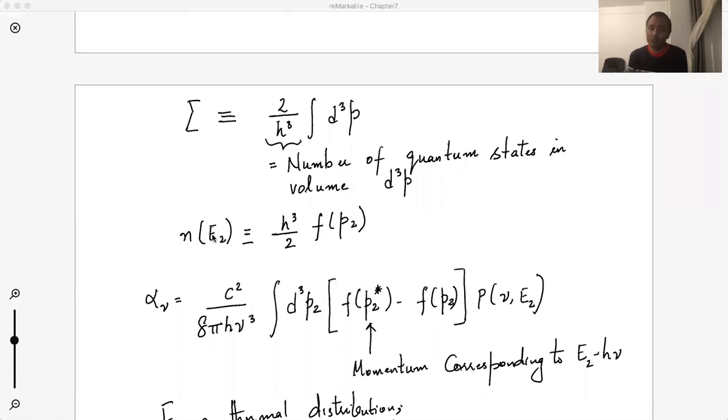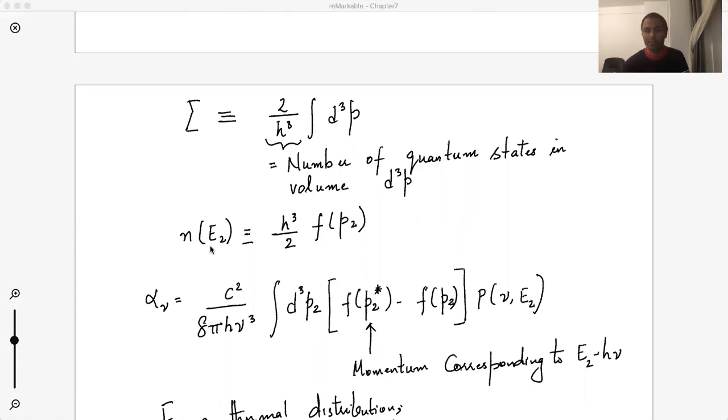And if h is very small, the grid is very fine, which means you'll have less and less particles per unit grid point, which is what n is measuring. n is just the number of electrons per unit volume h cubed.